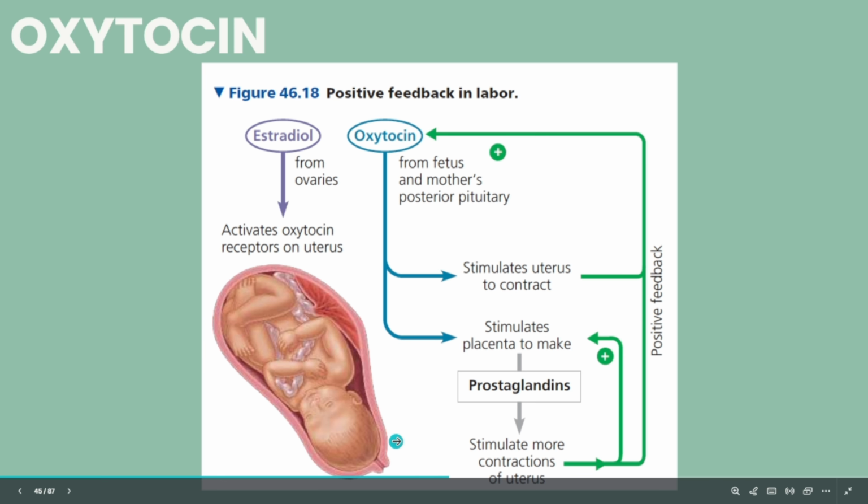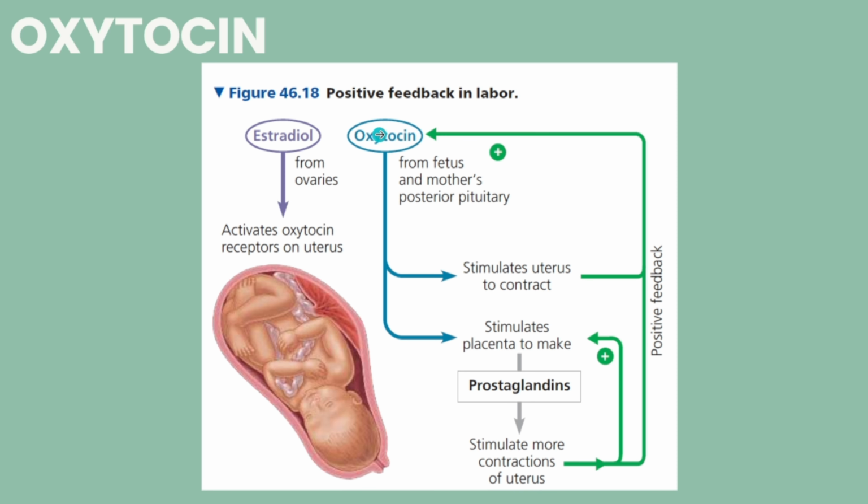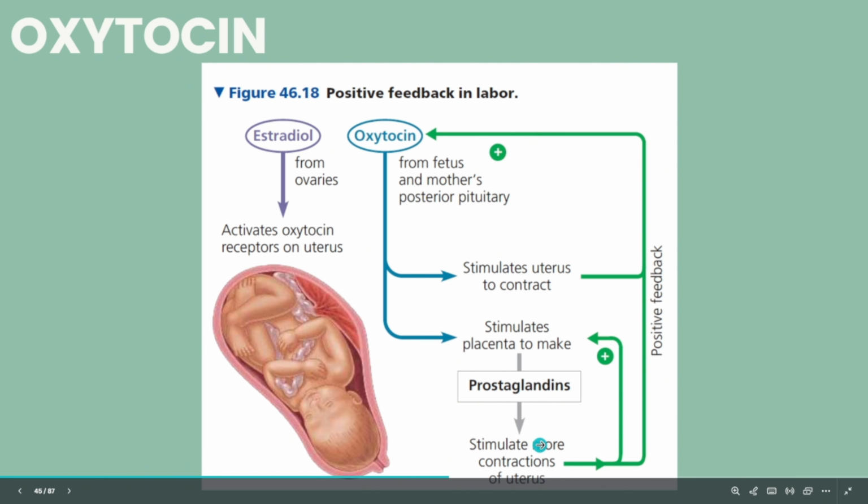So your stretch receptors will trigger the posterior pituitary gland to secrete the oxytocin, and oxytocin's major function is to stimulate the uterus to contract the myometrium wall, and also increase the power of the contraction. It will also stimulate the placenta to produce prostaglandin, and this prostaglandin also will stimulate the contraction of the wall.